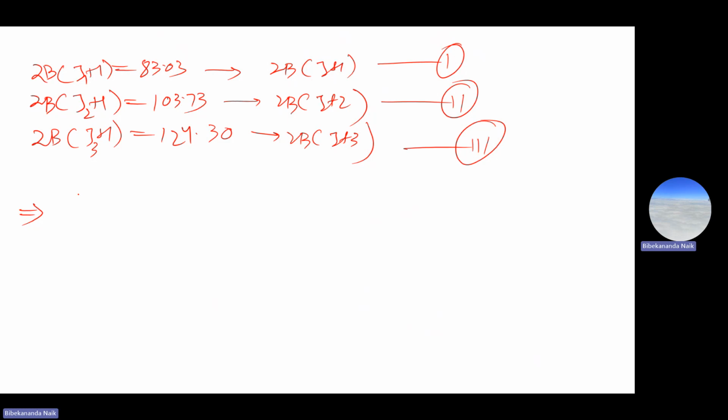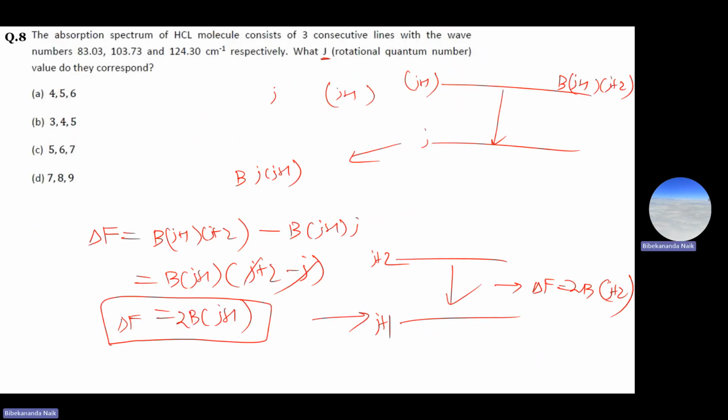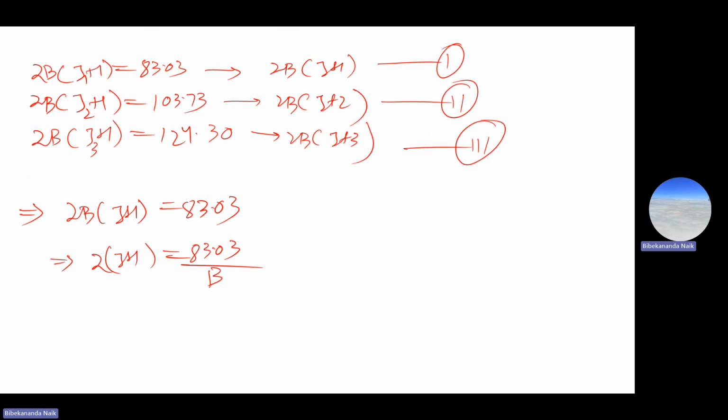If you equate the first equation, 2B into J plus 1 equals 83.03, so 2J plus 1 will be 83.03 by B. We don't know the value of B, so in order to find the value of J, we need to find B first.